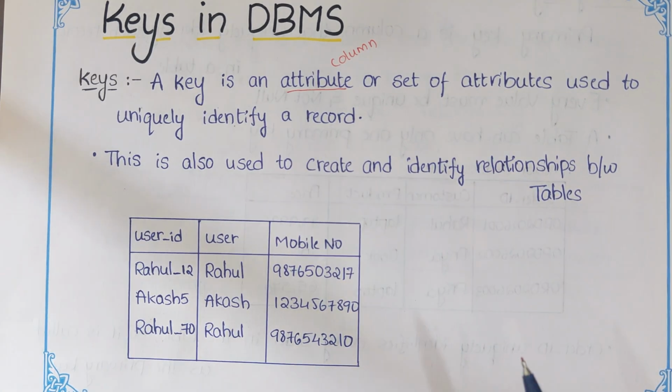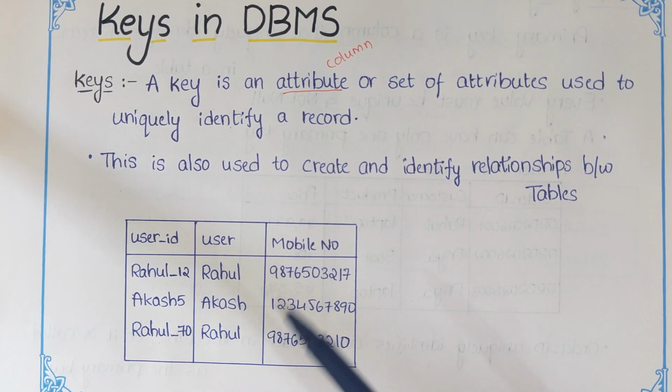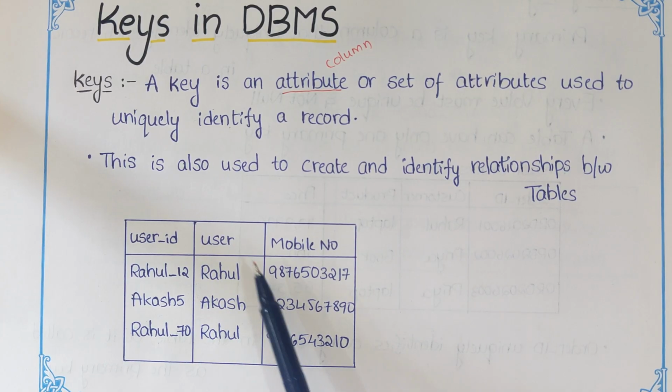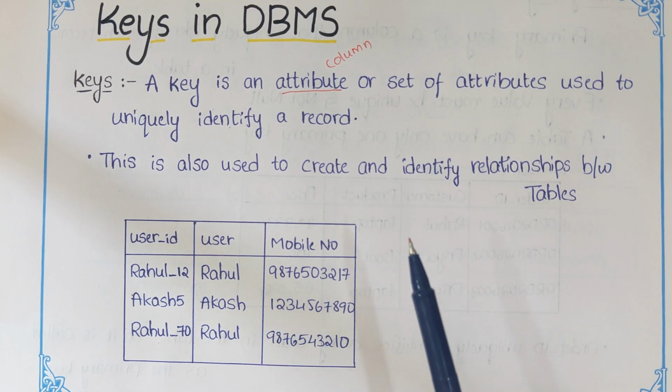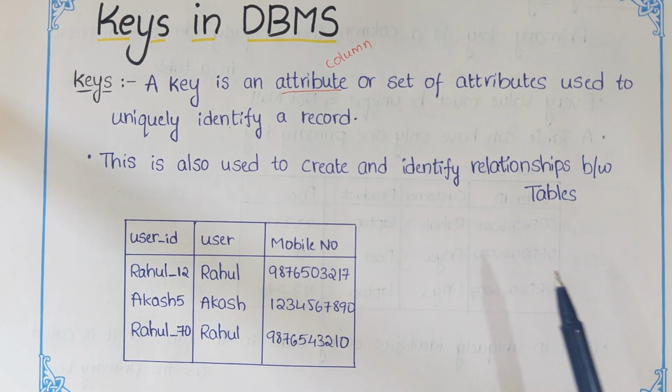For example, I am considering this Instagram table as the reference. If you verify this, you might see the name Rahul twice in the user column. When Instagram wants to search for a user named Rahul, if it searches using this name, it cannot identify whether it is the first Rahul or the last Rahul.